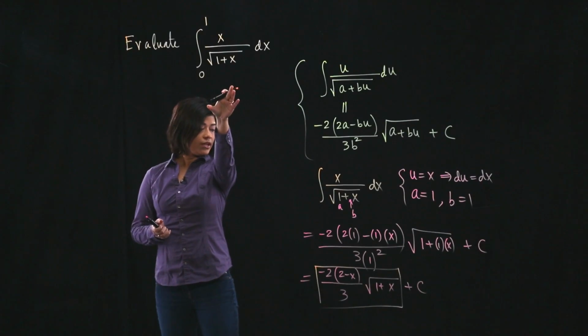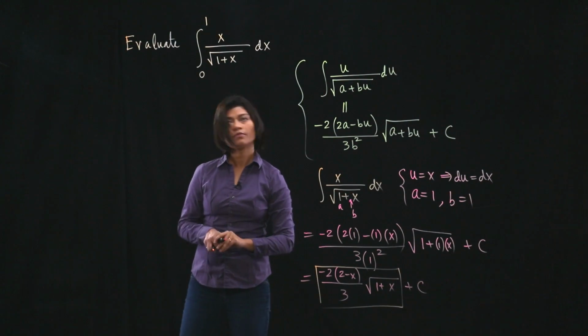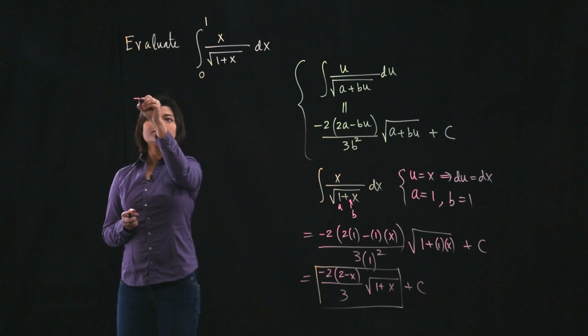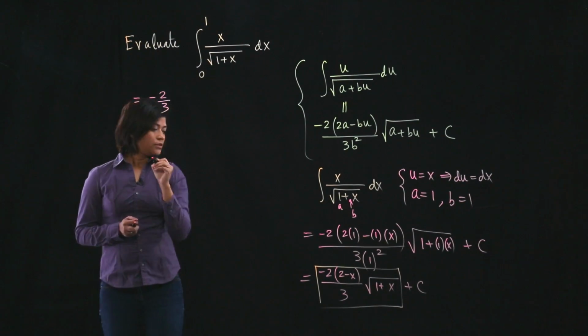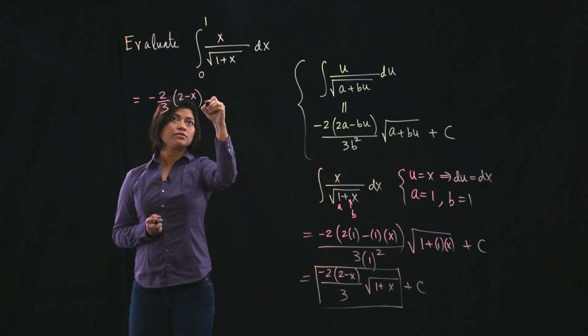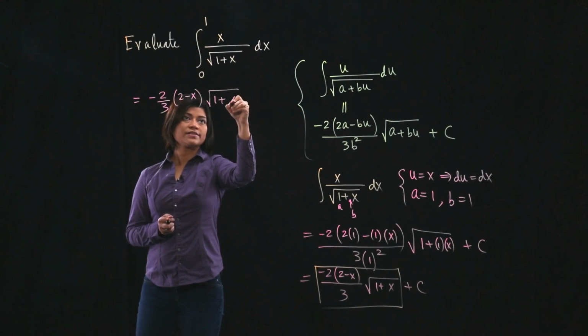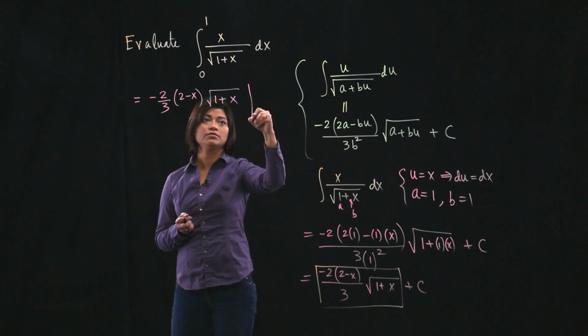Bring it here, and then we will plug in the limits 0 and 1. So the definite integral will be negative 2/3 times 2 minus x times the square root of 1 plus x. Of course, we ignore c because this is a definite integral.